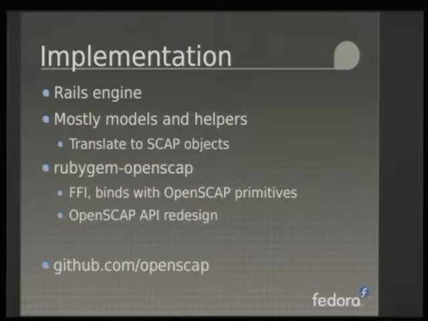What other option did I have? So then there is RubyGem OpenSCAP, which is an FFI binding on top of libopenscap. libopenscap is the part of OpenSCAP I showed you on the white slide.